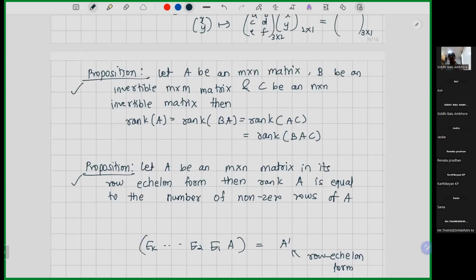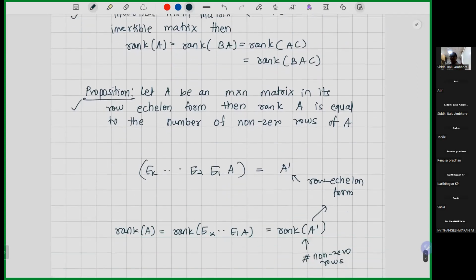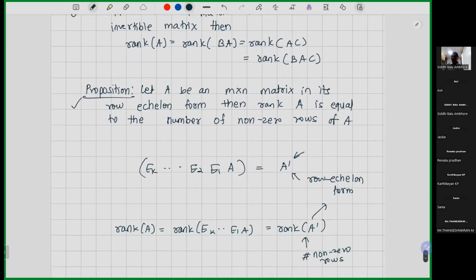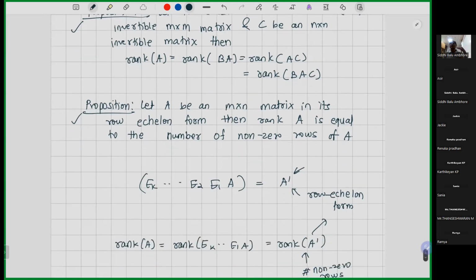We start with A, convert it to row echelon form using row operations, and whatever number of non-zero rows it has, the resultant matrix has the same rank, because of the first proposition. These elementary matrices are invertible matrices, and the B and C here are invertible matrices. So elementary matrices are invertible, which is also a fact we are using here.